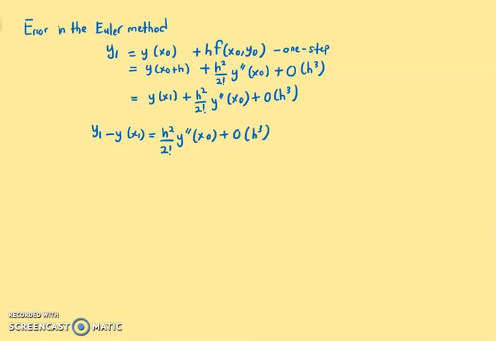This means that the local truncation error, my local error, is proportional to h squared.